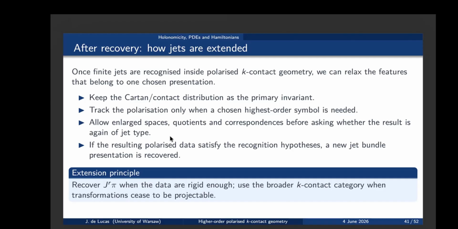Our extension is that since K-contact jet manifolds are a particular case of polarized K-contact geometry, we can extend the methods of jet geometry to a wider framework, work in that framework, and try to go back to jet manifolds again.